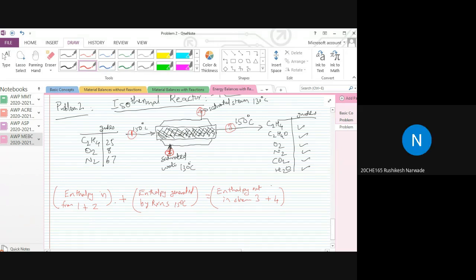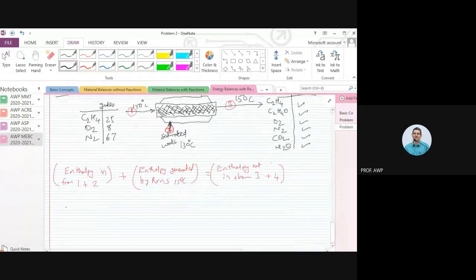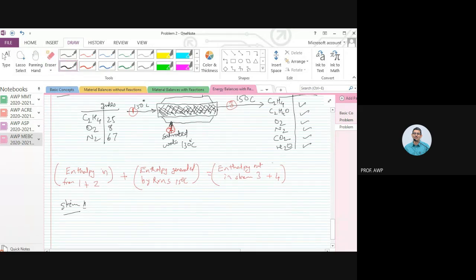So let us just look at stream 1. Again, our reference is 25 degrees centigrade, same reference we are taking. And stream 1, we already know the enthalpy. Stream 3, we already know the enthalpy going out.